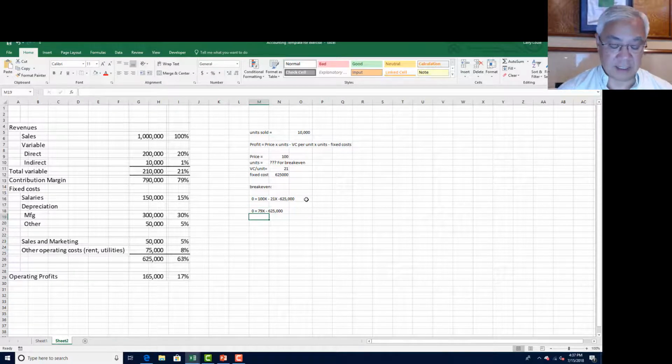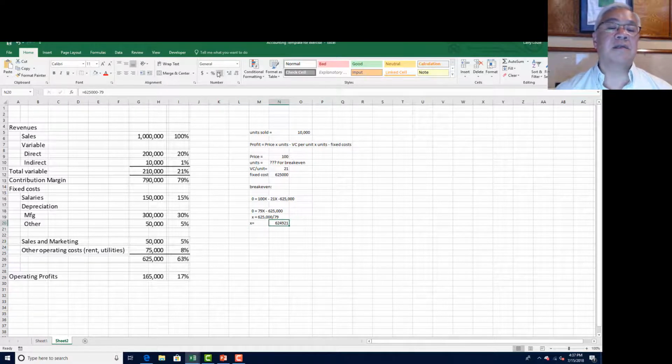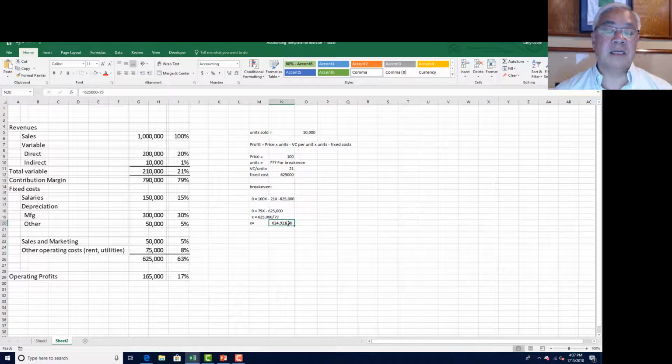Now we're done. We could say X equals 625 divided by 79, and we can solve that now. So the answer is we would have to sell 624,921 units. So that is our break even.